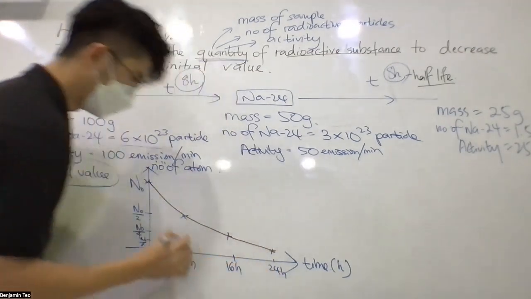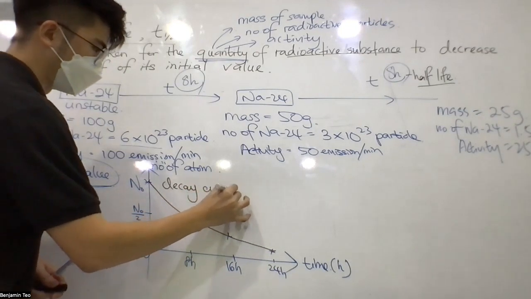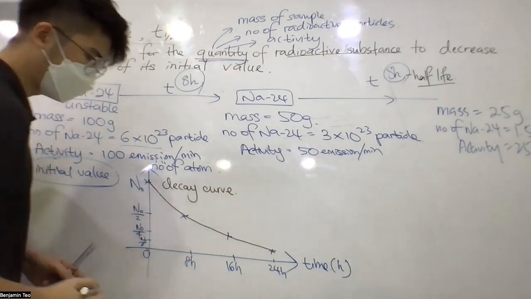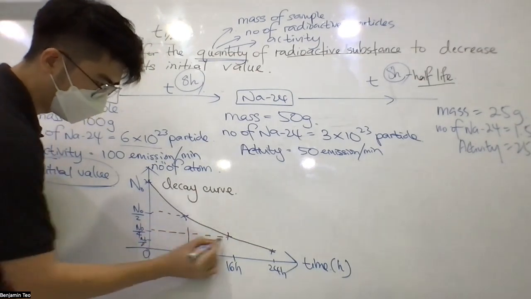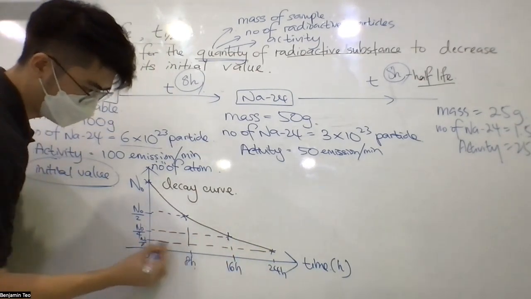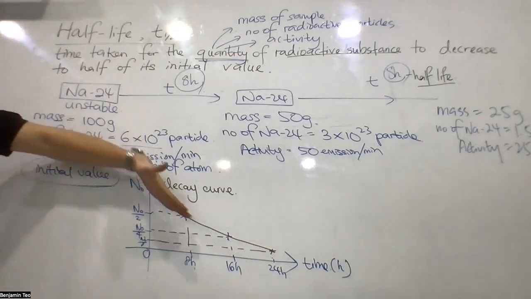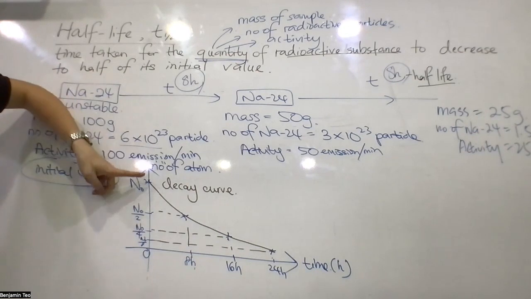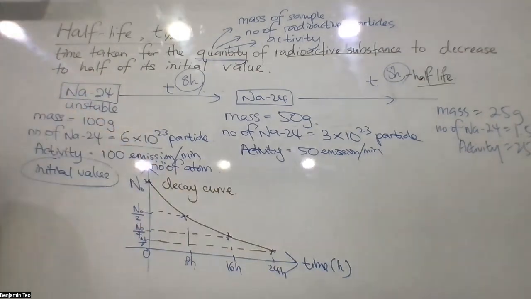This is your decay curve. Every decay curve gives you the same shape. It's always an exponential decrease. At first the drop is steep, the decrease is fastest. Then the rate slowly slows.